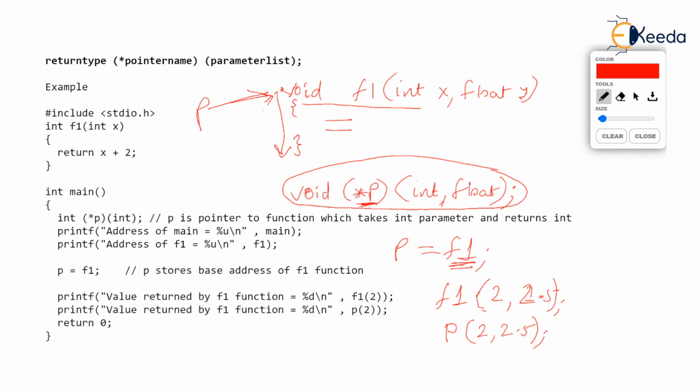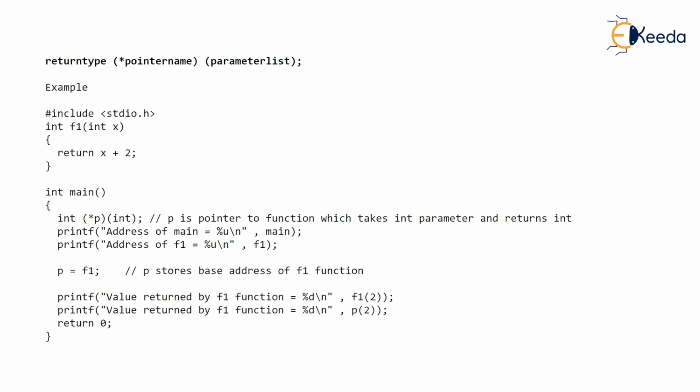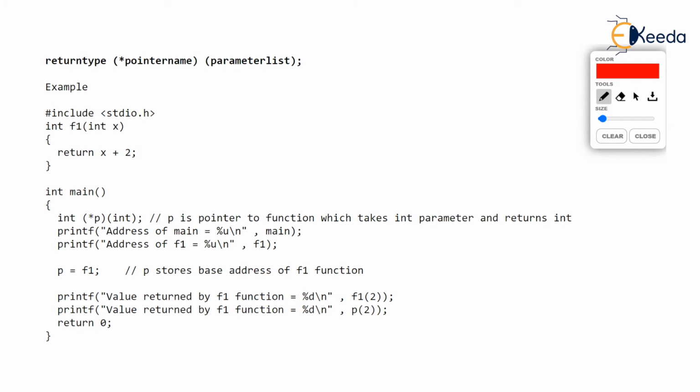Now more about this. I will write again a function declaration, and you try to understand that function declaration first of all. Suppose I have a function like this: int *F1(int x), and the function does something. Now, how do you read this function?